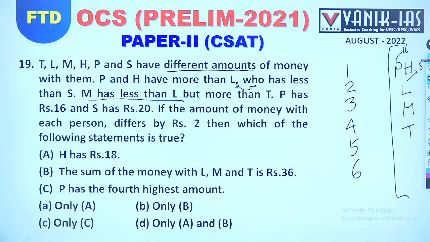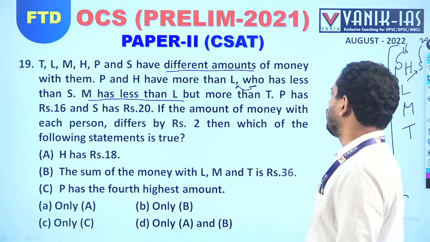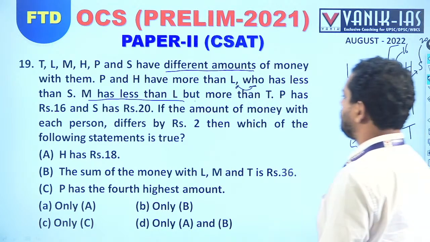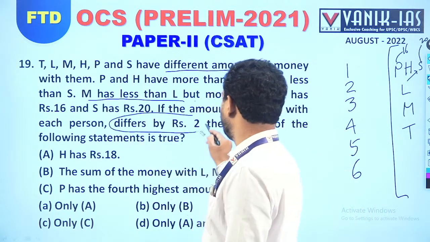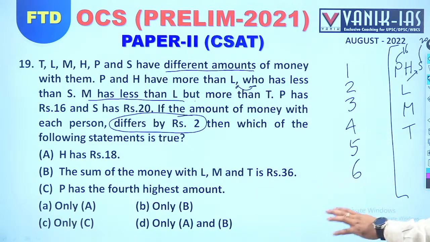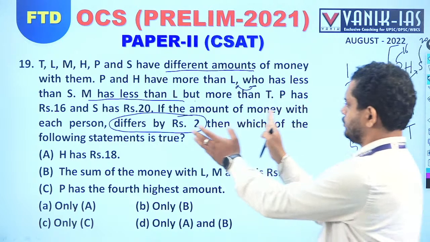S has rupees 20. If the amount of money with each person differs by rupees 2, the difference between the amounts will be 2. This is the intention of this phrase.